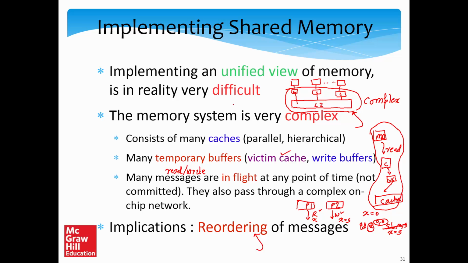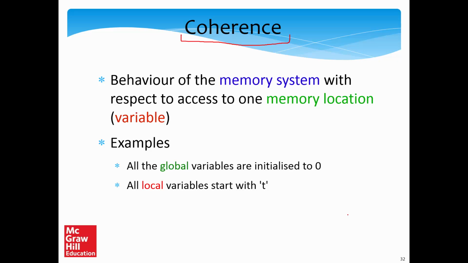This is the same example I was giving here, that one processor is trying to read the value of the variable x, and the other processor is trying to set the value of the variable x to 5. So if I consider one single memory location, one global variable, then the behavior with respect to that variable is known as coherence. It's also referred to as cache coherence, but in general coherence.